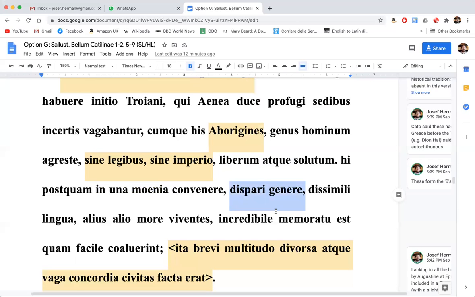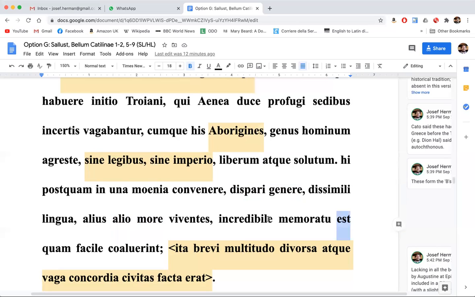So though of different race and of different language, dissimili lingua, and they are described as living, viventes, unus alio more, literally another person with another custom. In other words, one with one custom, the other with another custom. So in other words, they live by different customs.